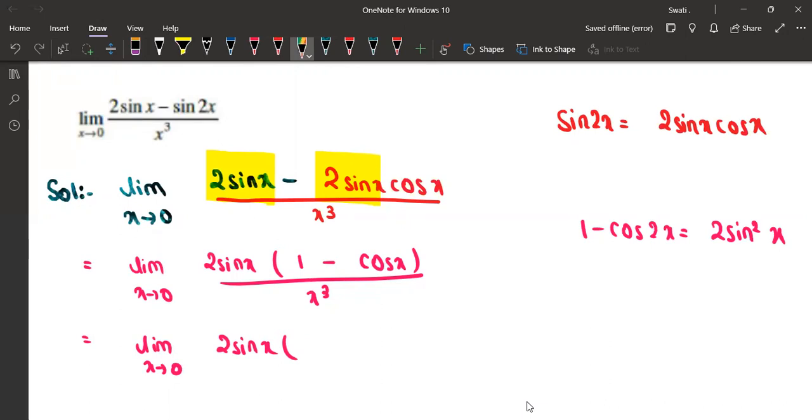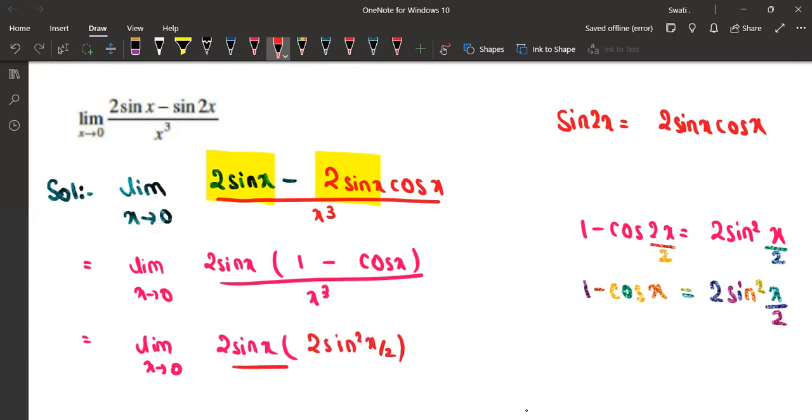But here I don't have 1 minus cos 2x, I have 1 minus cos x. That means this 2x gets divided by 2, and it simply means that here also this will get divided by 2. So what is the formula now? It is 1 minus cos x only, because 2 will get cancelled, and this is 2 sine square x by 2 as it is, right? So of course, we can write down here, using the formula, 2 sine square x by 2 upon x cube as it is.